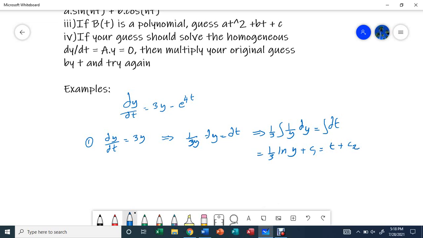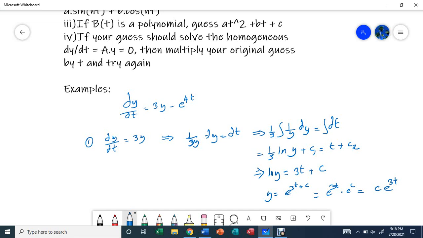I'm multiplying both sides by 3 and moving the constant to the right hand side and replacing it with C. I get ln of y equals 3t plus capital C. Now if I solve for y, I get y equals e to the 3t plus C, which is e to the 3t times e to the C, which is just a constant, so the solution will be C e to the 3t.